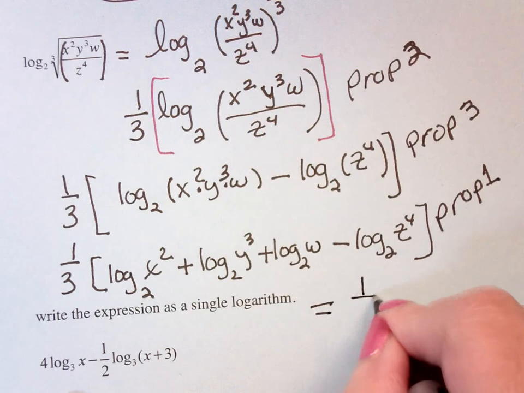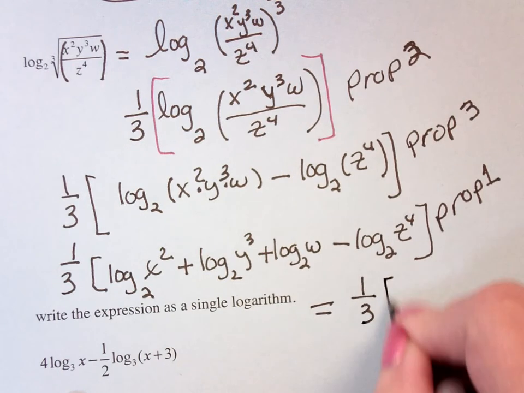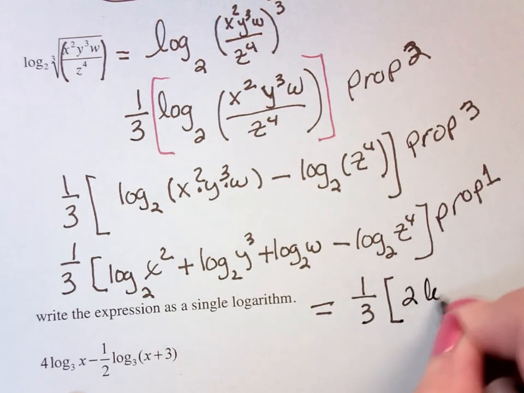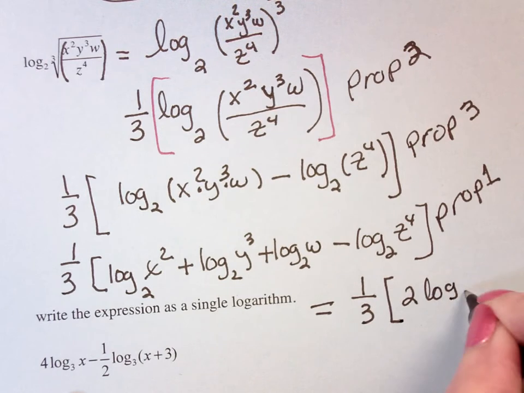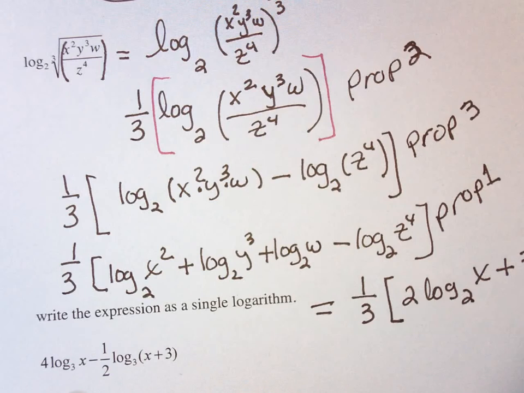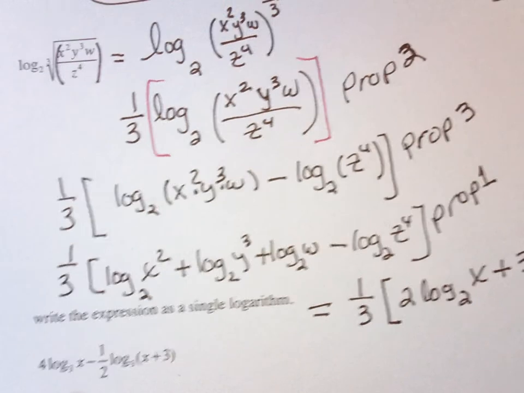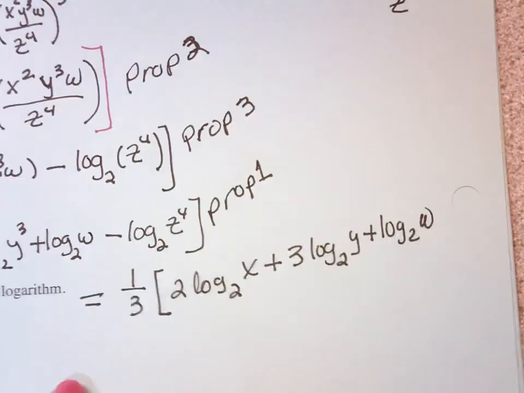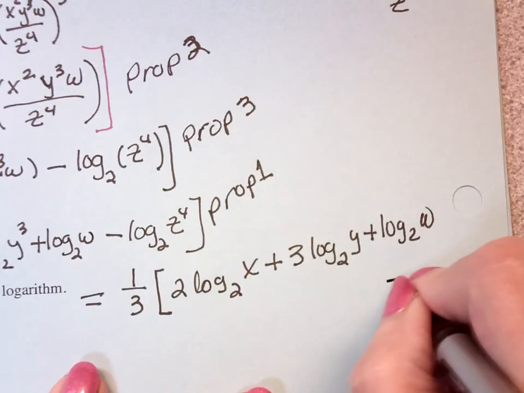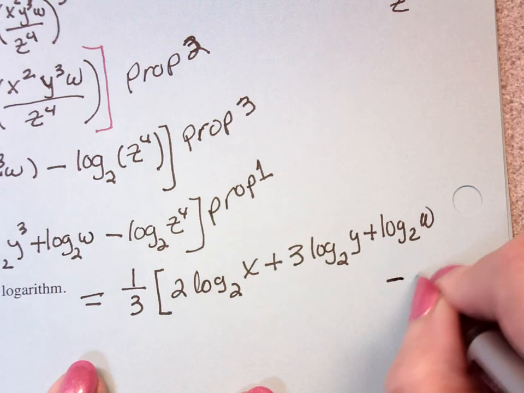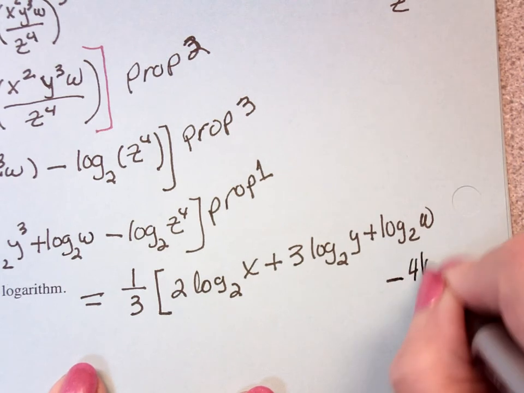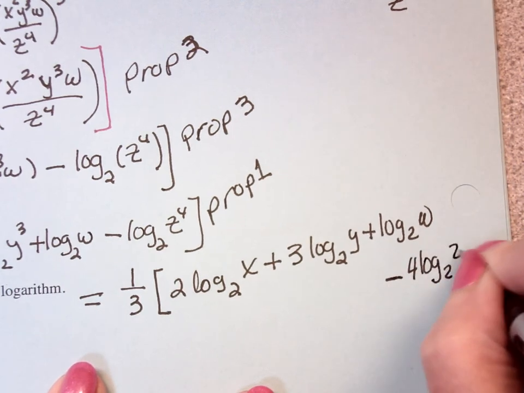This becomes 1/3 times 2 log base 2 of x plus 3 log base 2 of y plus log base 2 of w, and I'm running out of space, minus 4 log base 2 of z.